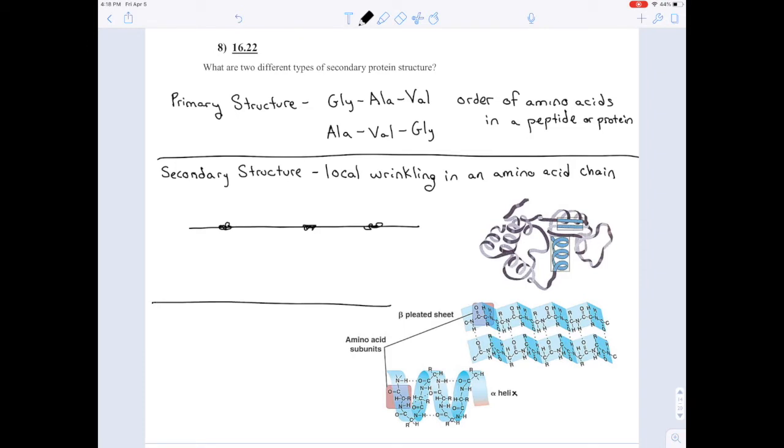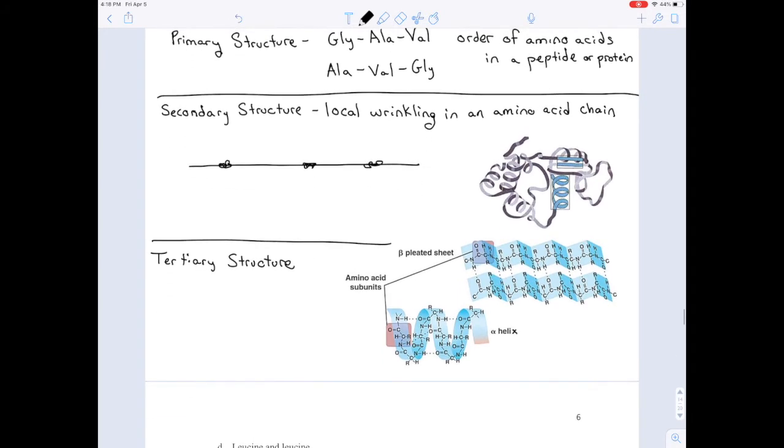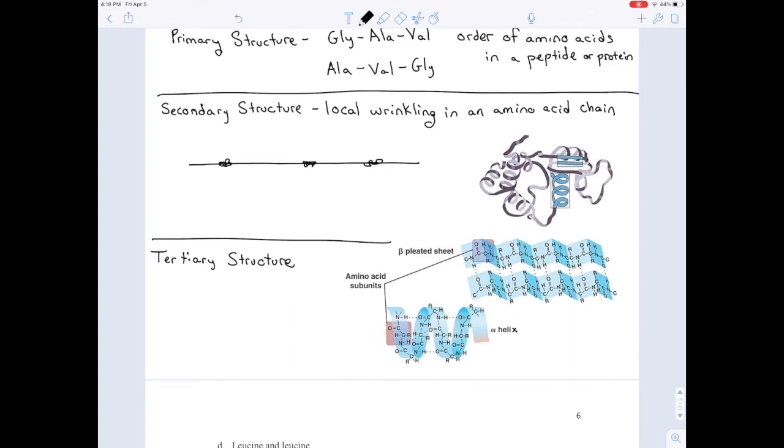Third, the tertiary structure. If secondary structure was local wrinkling, tertiary structure is global folding. It's the global folding of an amino acid chain.